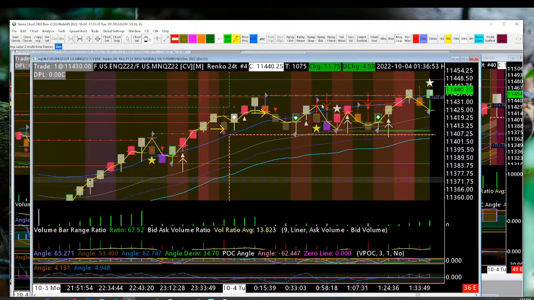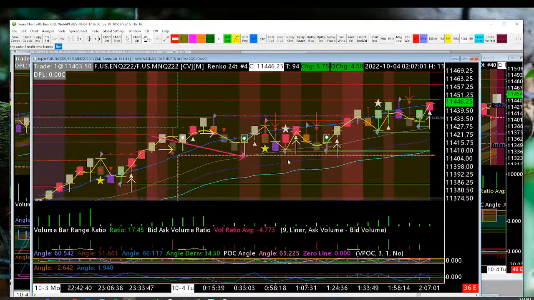So these should be bought until we get an orange bar or a star under them. That's really the easiest way to say it. If it's bullish, don't short unless you break under a green bar. So yeah, that's the solution.